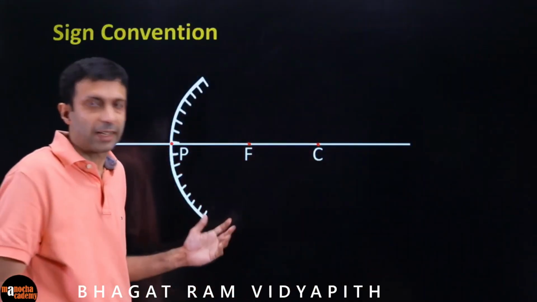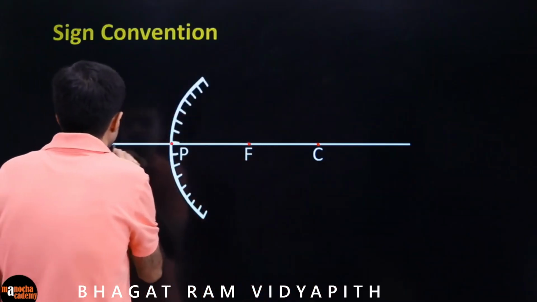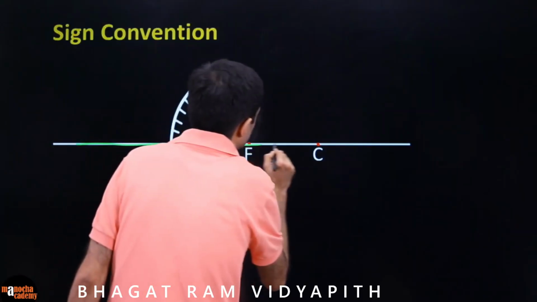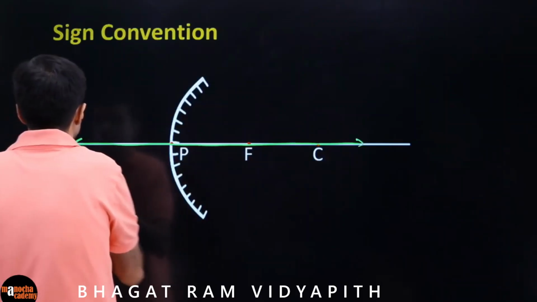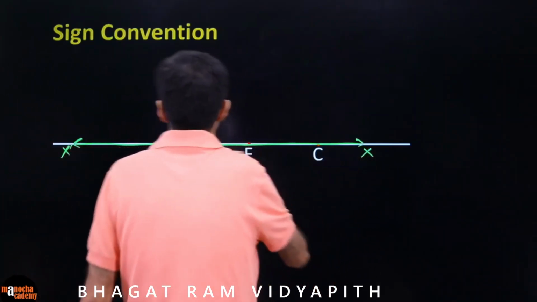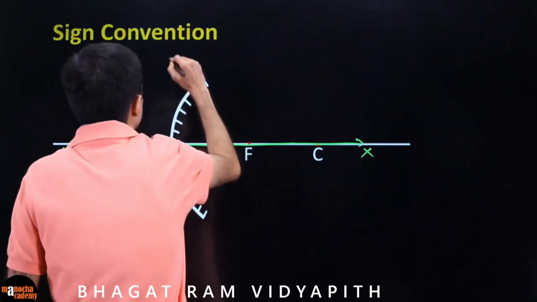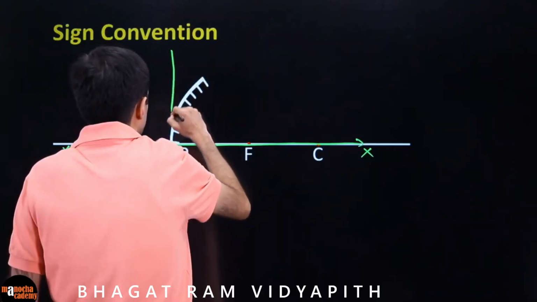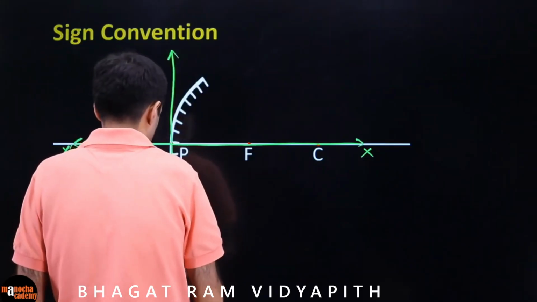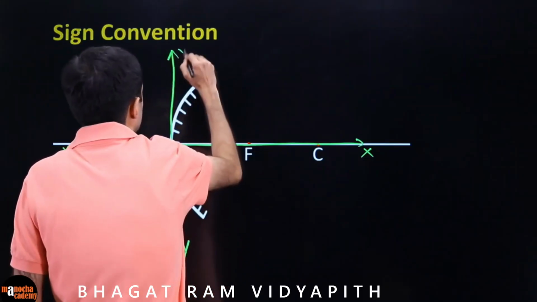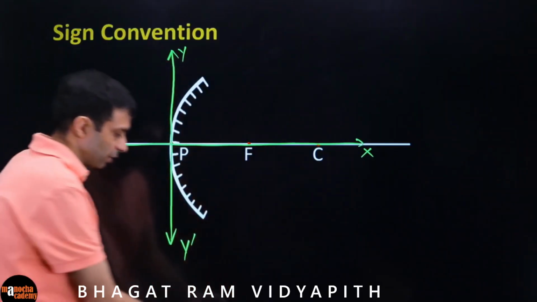Now please draw the coordinate axis. So coordinate axis will be like this. This is my x axis. So x and x dash. Y and y dash.